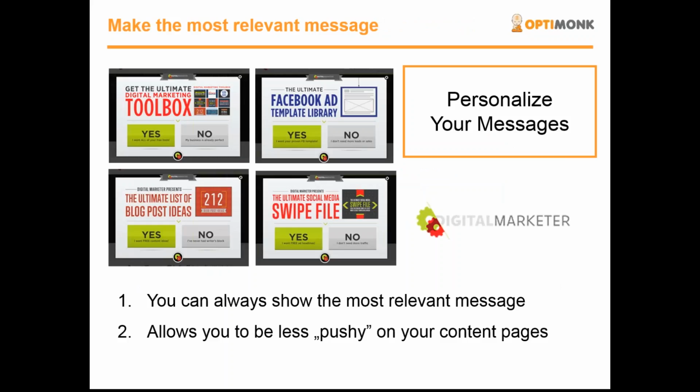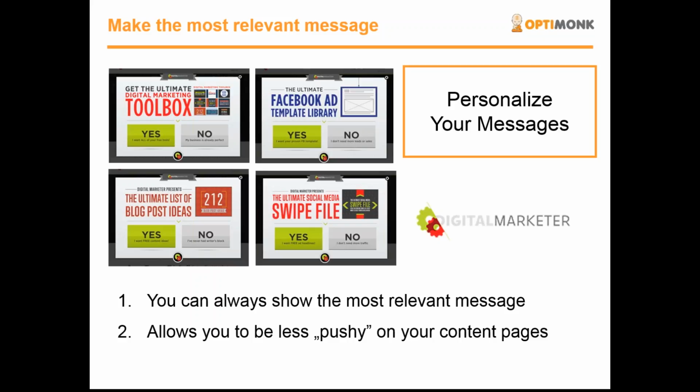For example, Digital Marketer displays a different kind of offer, a different kind of message, depending on the content the user is reading. If someone is reading a Facebook-related article, then they will push their Facebook ad template library giveaway. Or if the user is reading something about social media, then they will promote the ultimate social media swipe file. Or if they are reading about blogging, then they will promote the ultimate list of 212 blog post ideas.